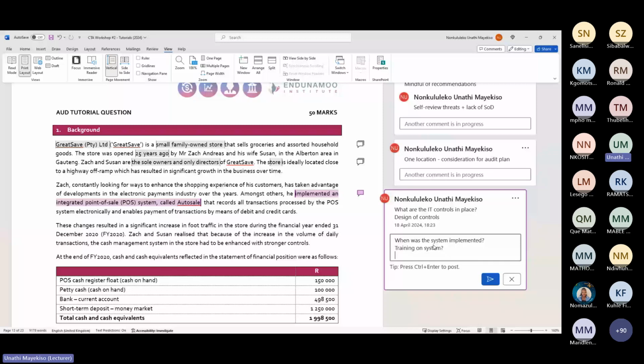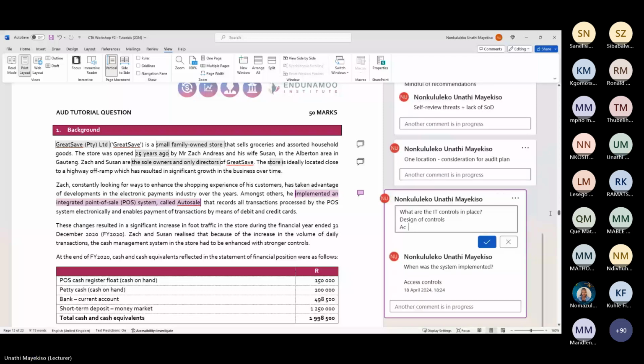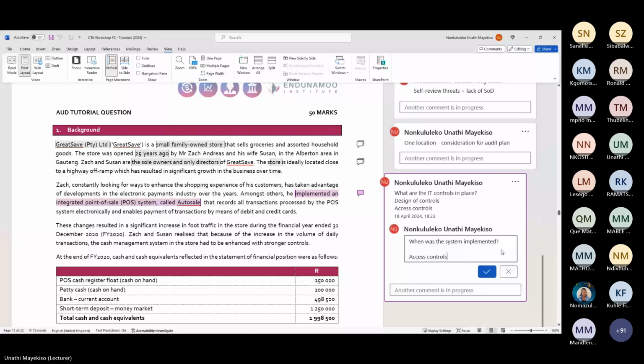Yeah, so that forms part of, let's maybe do it this way. In here, what are the controls? Let me say access controls. Cool. Somebody else wanted to say something?